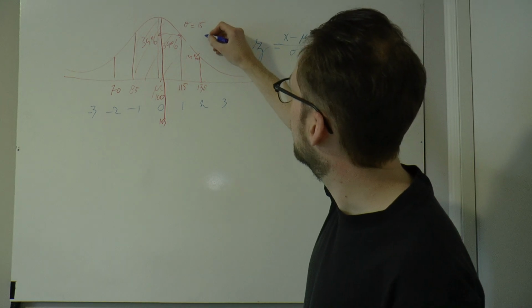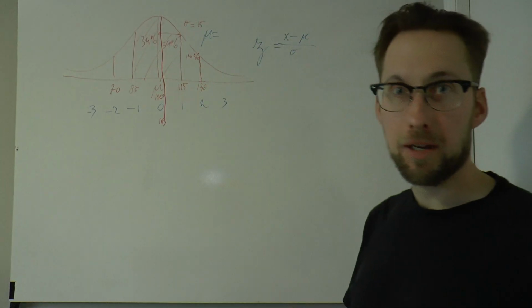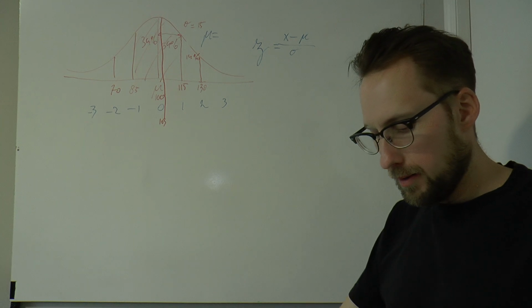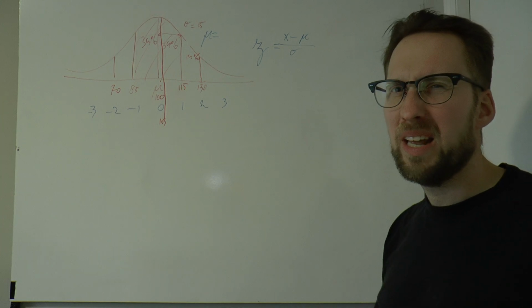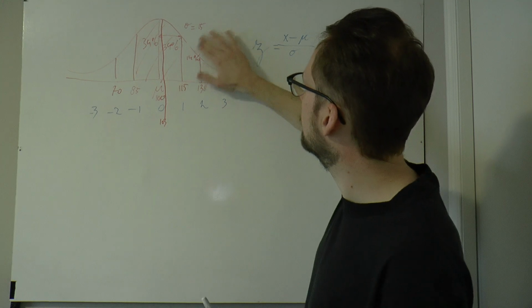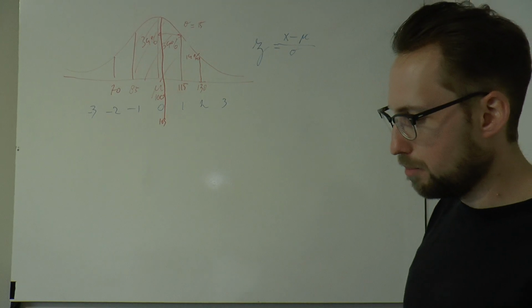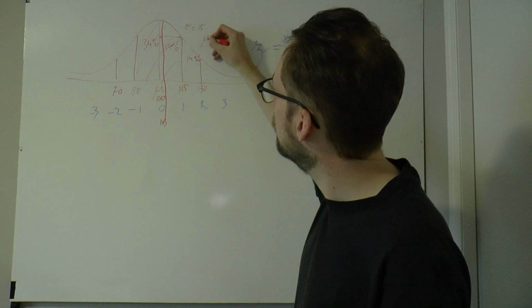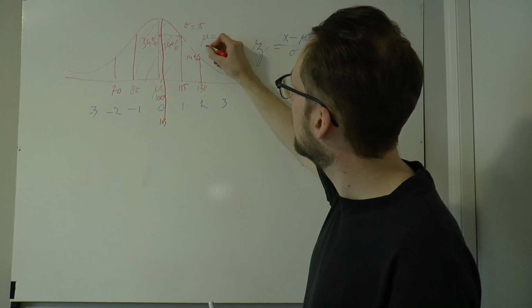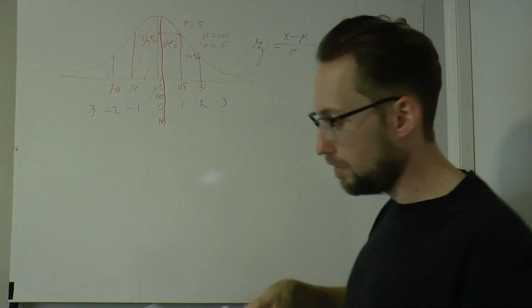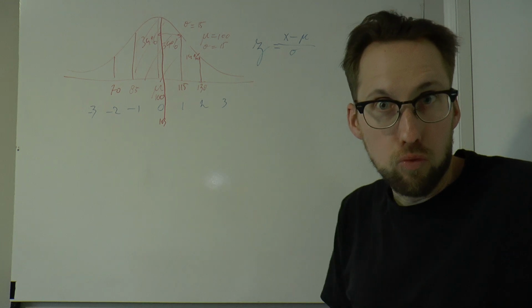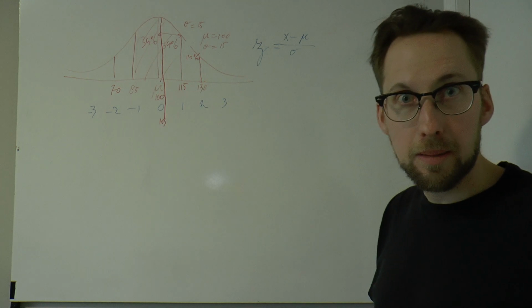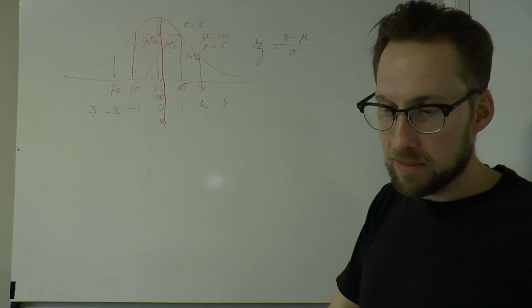I know that mu, the mean IQ in the population, I'm going to make this red again because otherwise you may get confused. This is not the z-score, this is in the population. The mu is 100 and sigma, the standard deviation, is 15. This is really real, that's how IQ works in many tests, but you're also given this in the question.